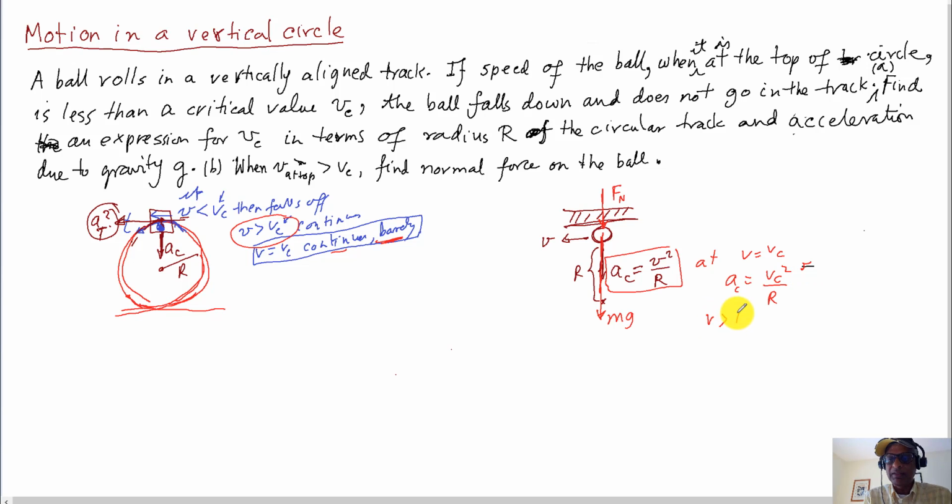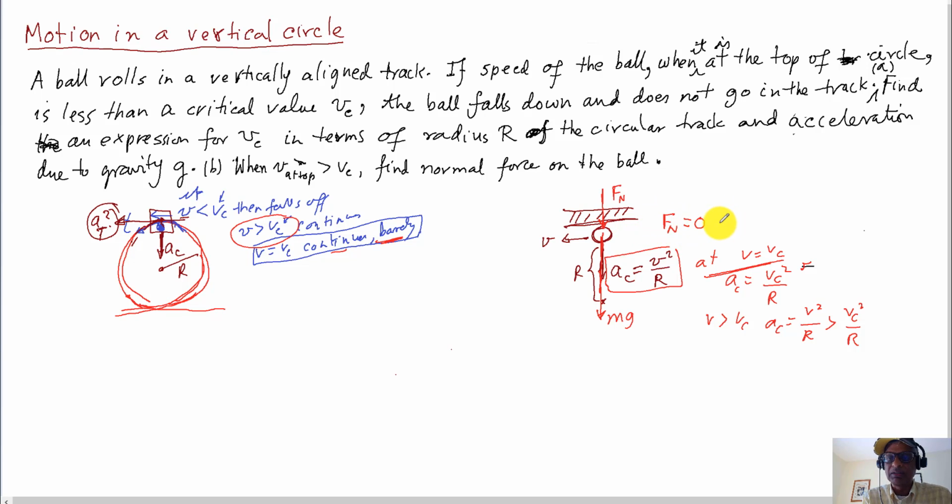When v is greater than vc, the acceleration is v square over r, greater than vc square over r. So I will need more acceleration on this side, and just the weight won't be enough. There will be a normal force also, but at the critical speed, Fn will be 0.